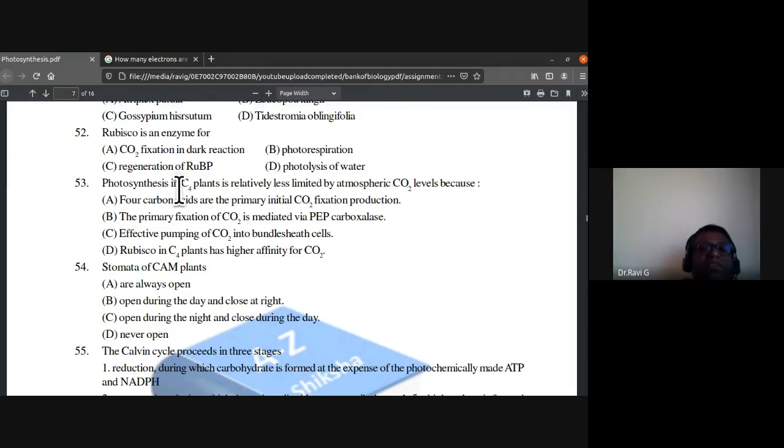53rd: photosynthesis in C4 plants is relatively less limited by atmospheric carbon dioxide levels because four-carbon acids are the primary initial carbon dioxide fixation product.